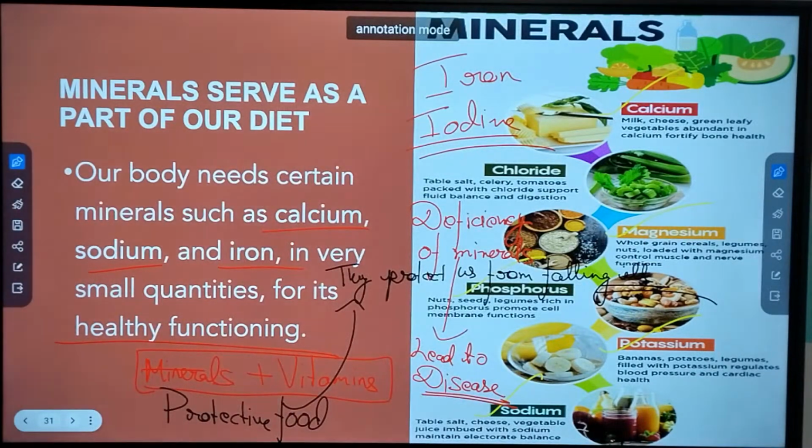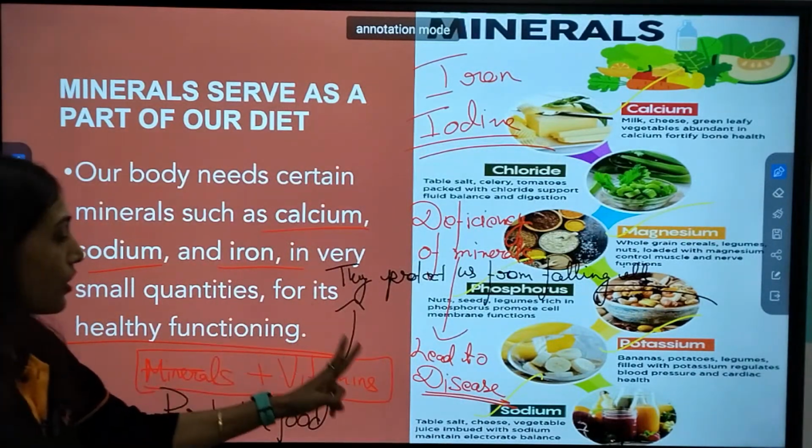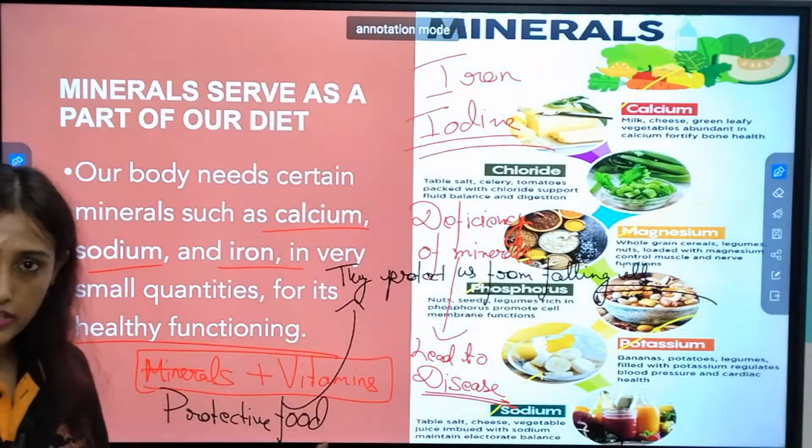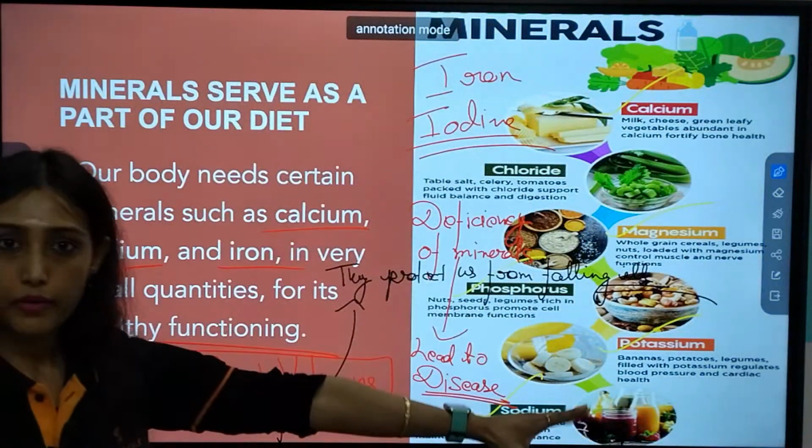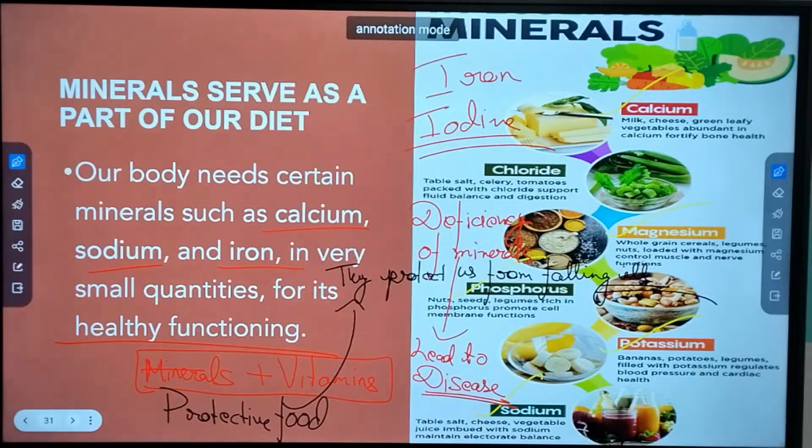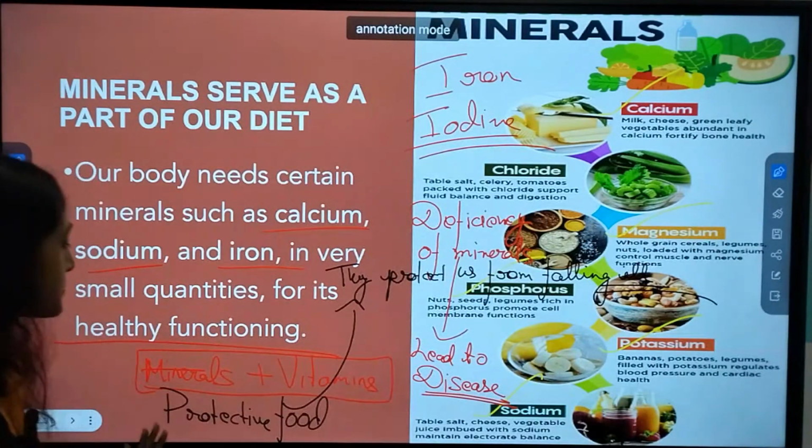Okay? That is why minerals along with vitamins, because this is not a vitamin chapter, so we are not reading about vitamins here, but in the food chapter you have learned about vitamins. So both are known as protective food.